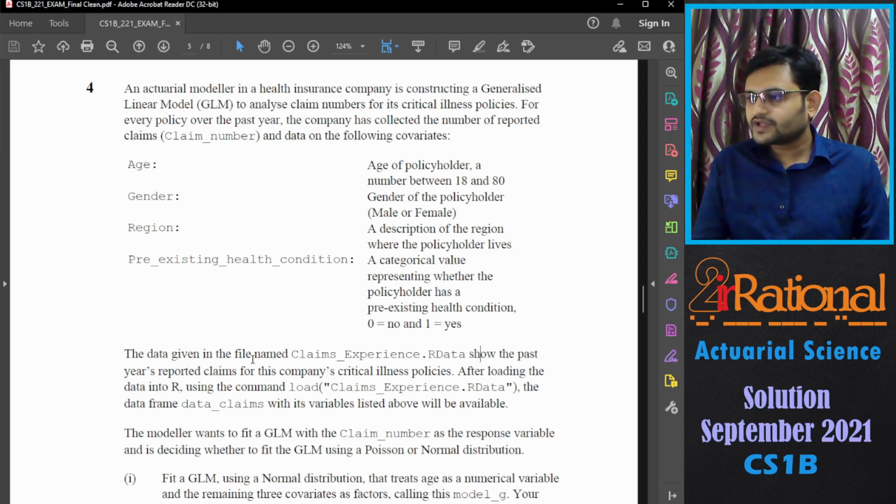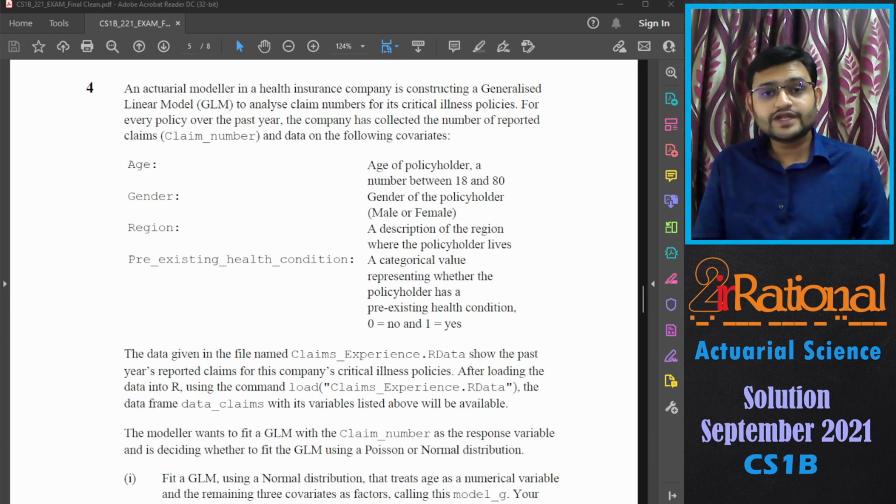The data given in the file named claim_experience.r shows the past year's reported claims for this company's critical illness policy. After loading the data into R using the load command, the data frame data_claims with its variables listed above will be available.